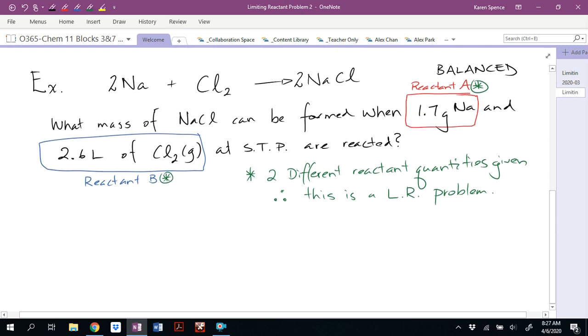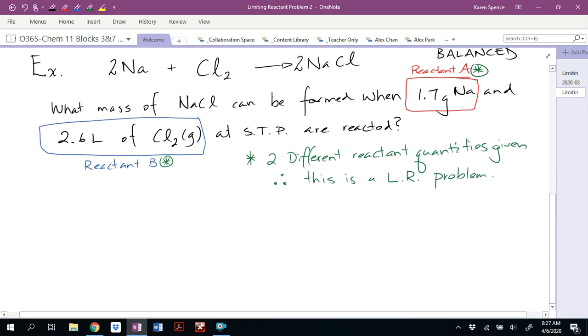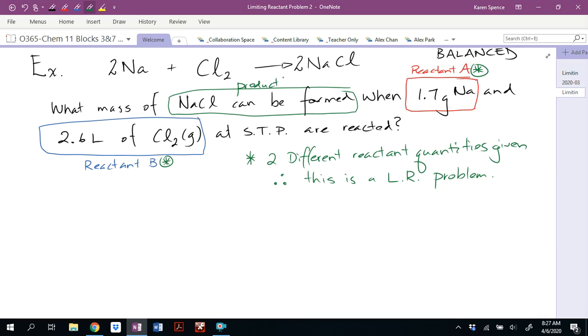In order to find the actual amount of product formed, because this is our product here, you're going to have to find the amount of product that can be formed from reactant A and the amount of product that can be formed from reactant B. In this case, it's usually easiest just to go to moles.